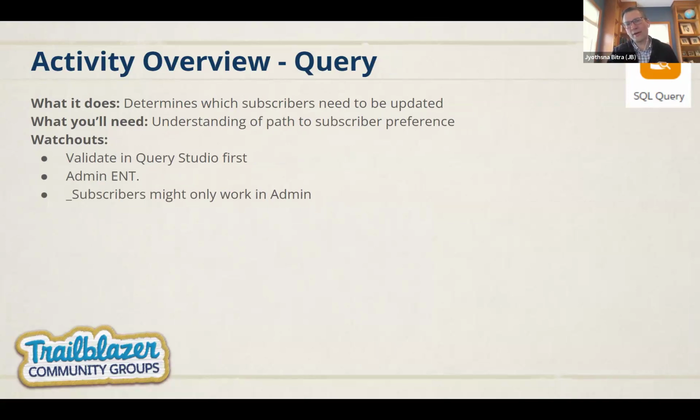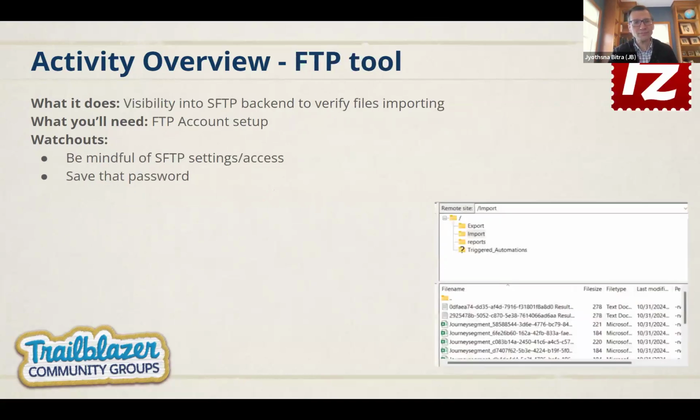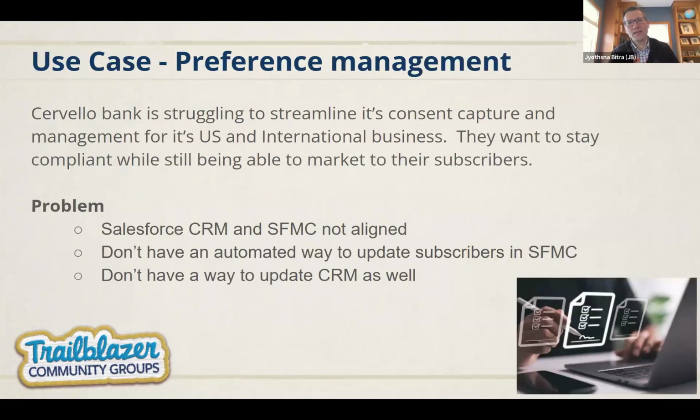We're going to use a scenario where, let me go back up to our use case, say Cervella Bank is looking to streamline their consent capture information. They want to make sure that they're compliant across their systems, and they've got their Salesforce records. They're also using Marketing Cloud to send out those emails, but they don't have really an automated way to keep those two systems updated.